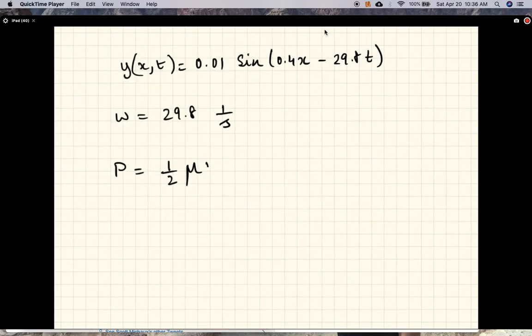Again, the quantities are: mu is mass per unit length, v is the velocity of the wave on the string, omega is the angular frequency, and a is the amplitude of the wave. So let's put these numbers down.